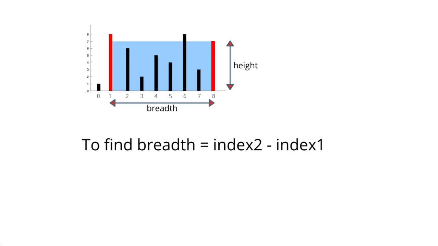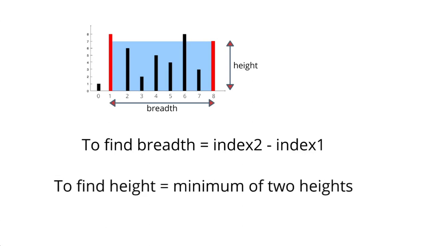That's how it works. Also we need the minimum height, like the height of the container. In this container, the blue region is the water. The blue region indicates the water in it. We can get this much water because it overflows here. If we take two pillars, the height of that container must be the height of the minimum-sized pillar.